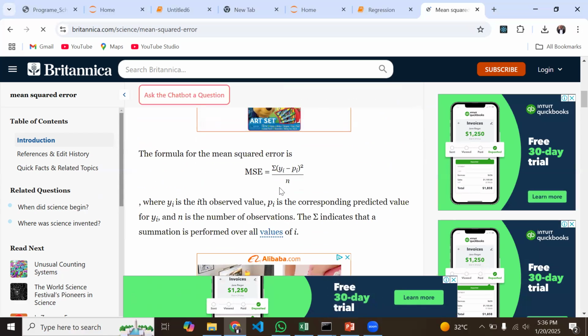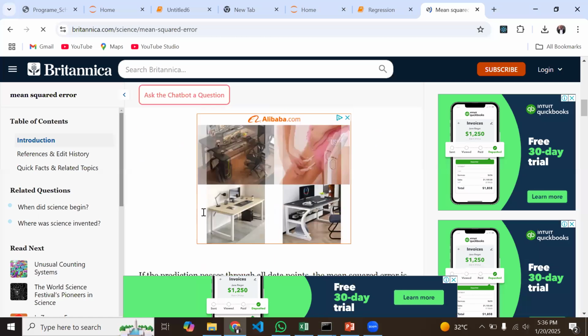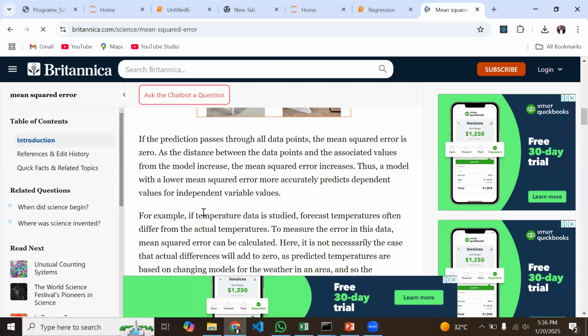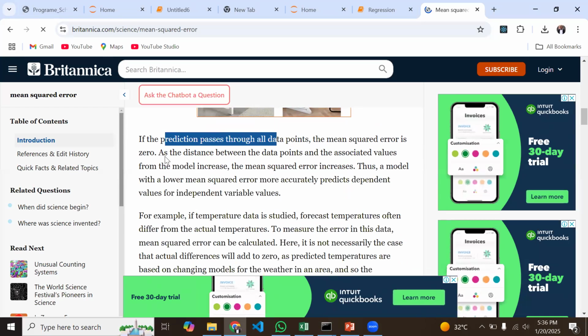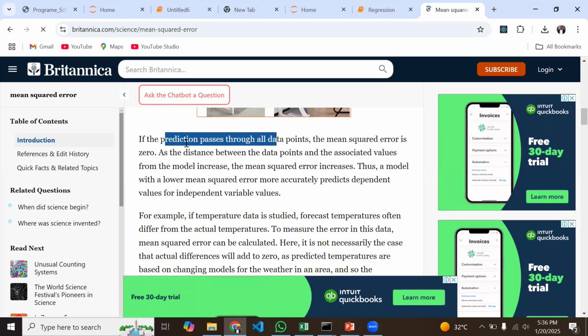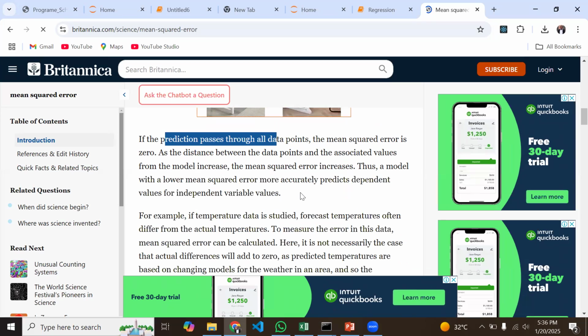But then let's look at this, and I think this formula is what we discussed the last time. Now, in terms of the value, if the prediction passes through all the data points, then the mean squared error is 0, because in that case there's no variance.